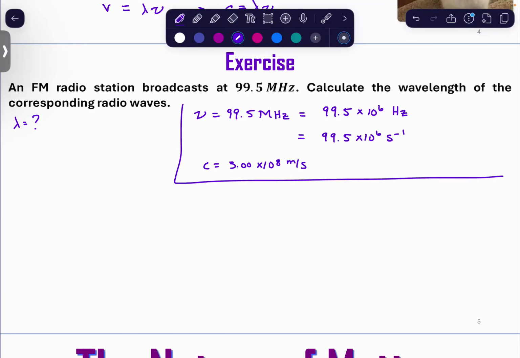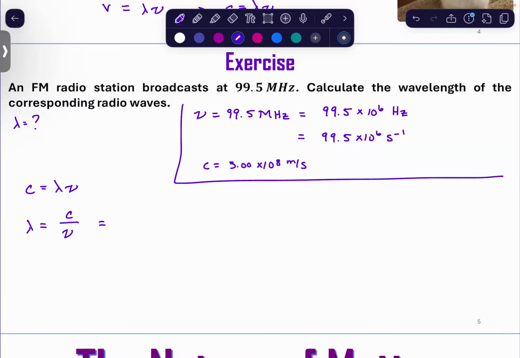Okay, so we're looking for wavelength. We have our formula: c equals lambda nu. We want wavelength, so we need to divide through, and we get lambda equals the speed of light divided by the frequency.